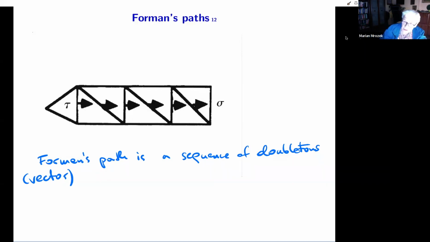So you have a sequence of doubletons. Let me denote the one of lower dimension x_i^-, and the one of higher dimension x_i^+. So the difference in dimension is just one.